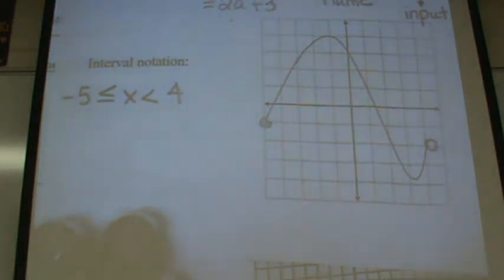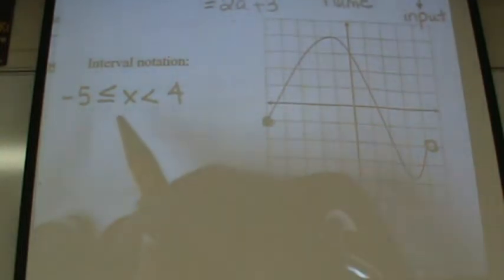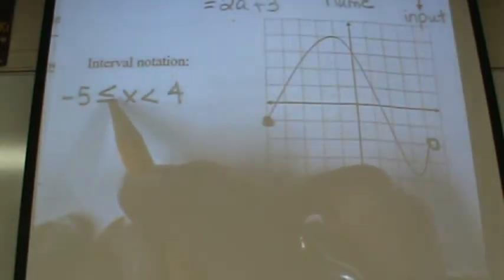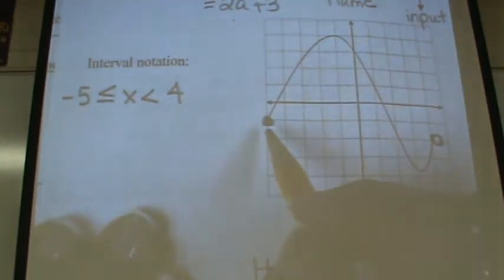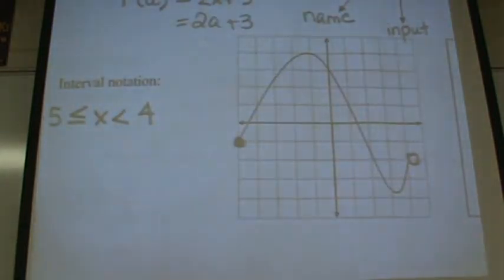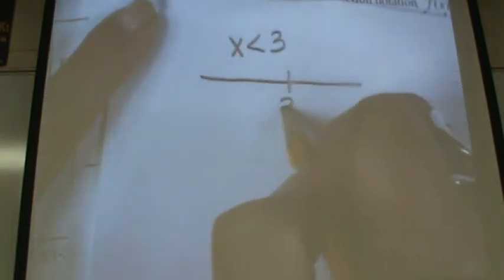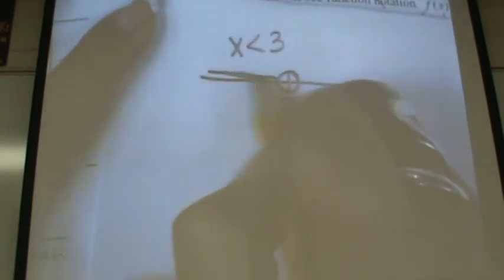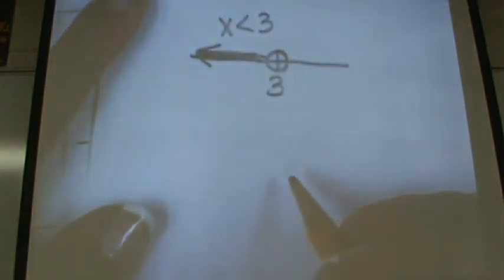Well, in this class, you are going to replace the less than or equal to sign with a bracket. And an open circle is a parenthesis. So in Algebra 2, if I asked you to graph x is less than 3, you would have put an open circle at 3, right?